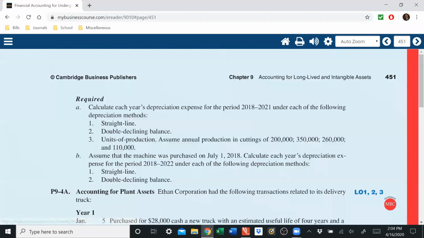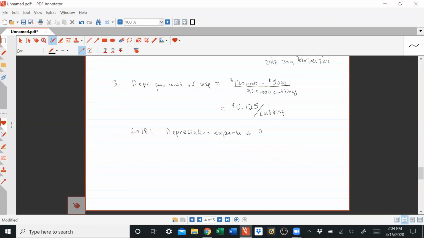How many cuttings happened in 2018? Well, it told us: assume annual production in cuttings of 200,000 for 2018. So that means the depreciation expense recognized in 2018 is $25,000.